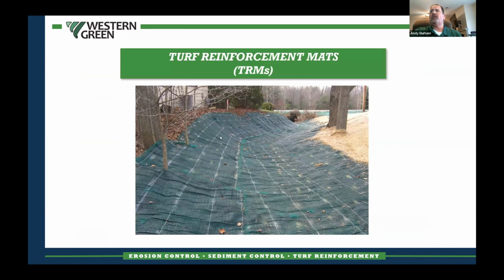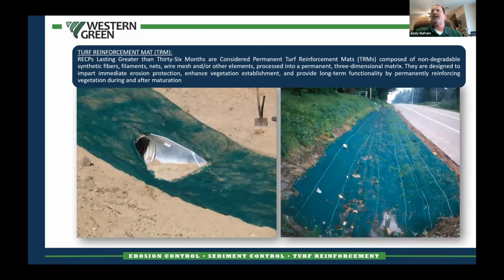Moving on to turf reinforcement mats. Now, every turf reinforcement mat is a rolled erosion control product, but not every rolled erosion control product is a turf reinforcement mat. Turf reinforcement mats are special because they are permanent materials. And what they're designed to do is lock up the roots and stems of vegetation while it's growing to provide more hydraulic resistance than that vegetation would be able to provide by itself.